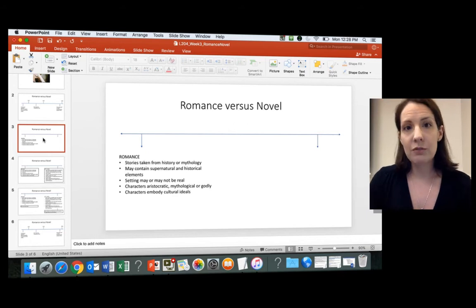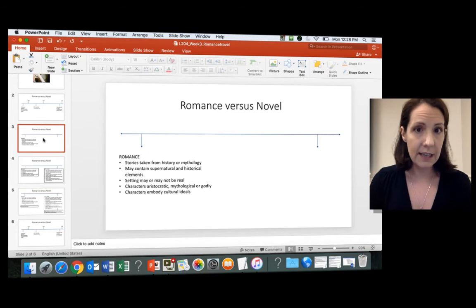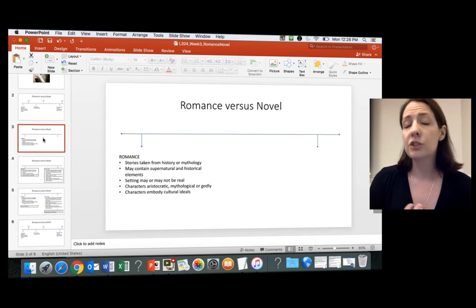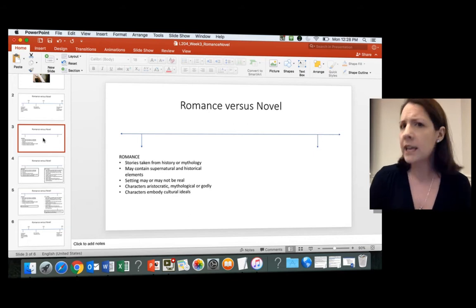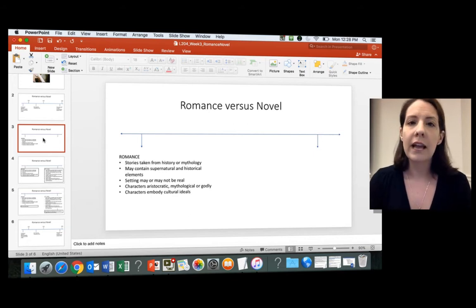So typically, what we find in romances is that the hero is an aristocrat. Oftentimes, he's a knight. He is handsome, he's super brave, he's super strong, and he's also very honorable. And the heroine will also be aristocratic. She'll be a lady in waiting, or a lady, or a queen, or a countess. And she herself will be incredibly beautiful and also incredibly chaste.